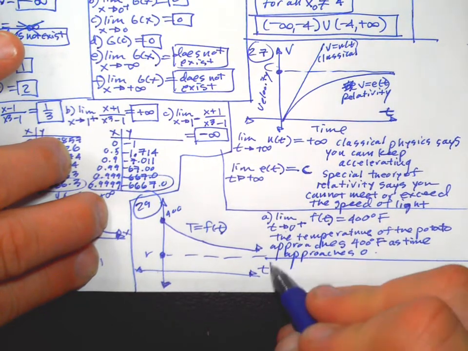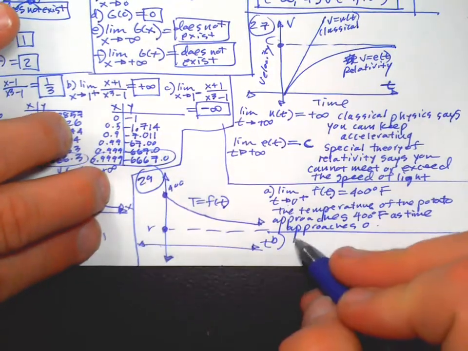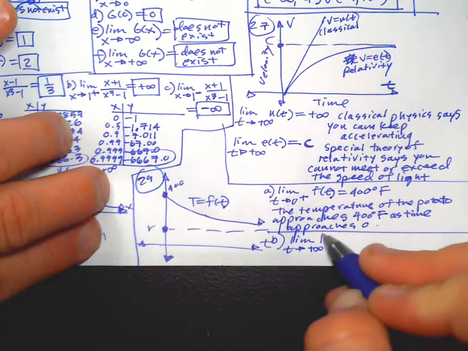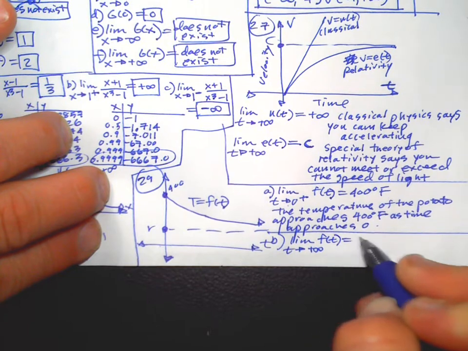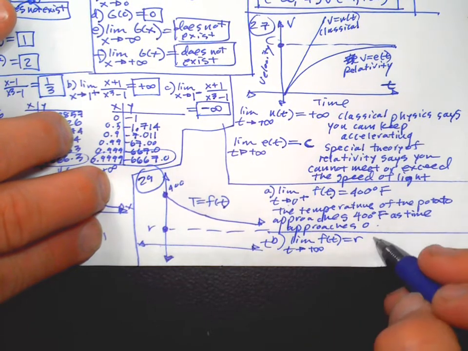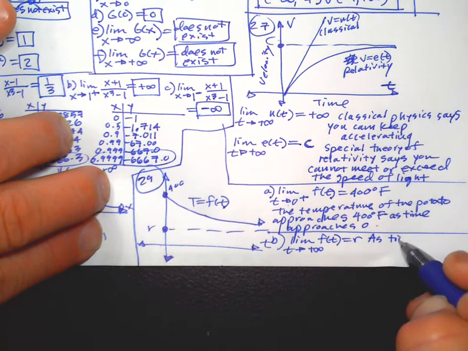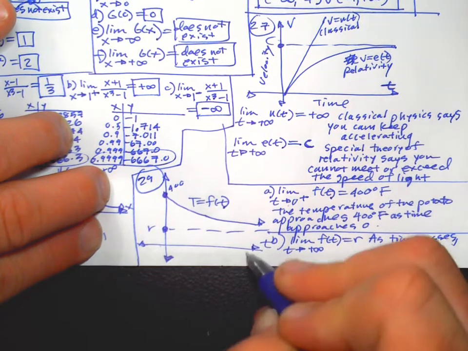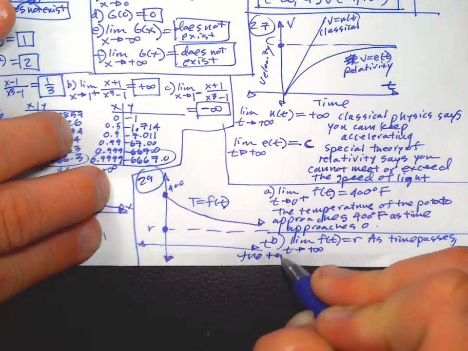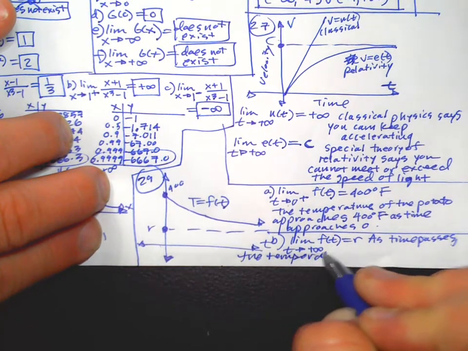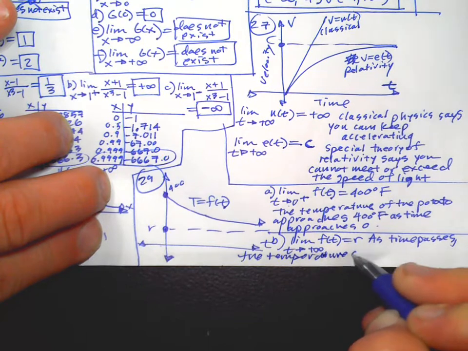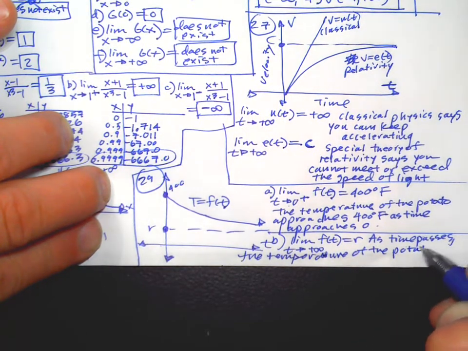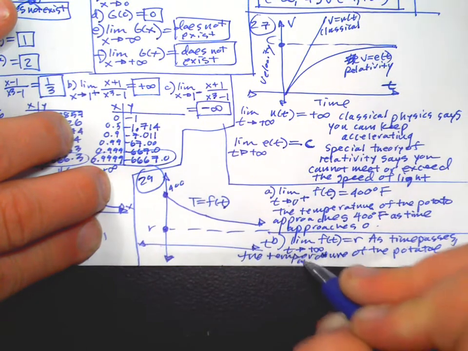Okay, part B says, what's the physical significance of the limit as t goes to positive infinity? Well, it goes towards r. As time passes, the temperature of the potato approaches room temperature.